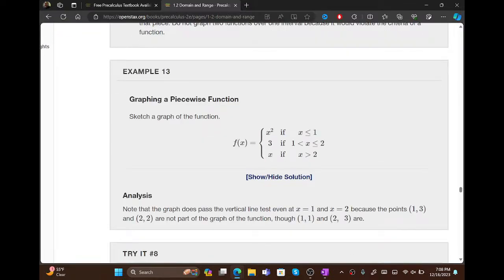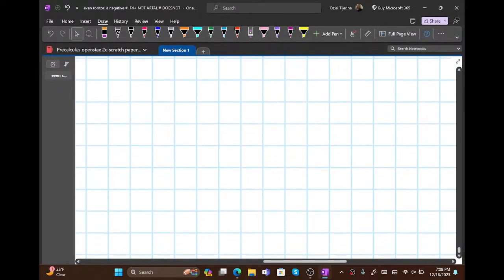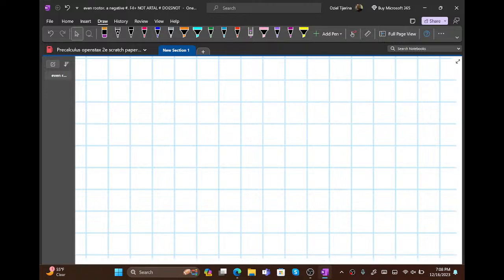So it says sketch the graph of the function, and this is probably the only graphing example of this entire lecture, this entire section. So let me just type it really quick. And I will do my best to explain this as best as I can. Hopefully I can explain it pretty well.